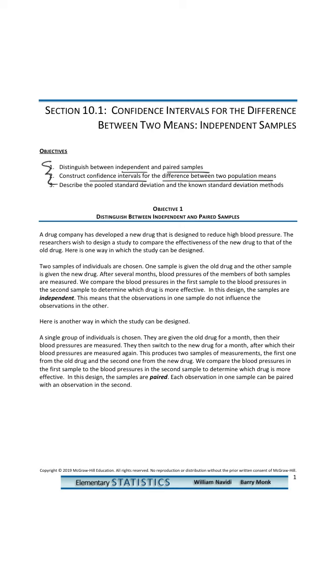A drug company has developed a new drug that is designed to reduce blood pressure. The researchers wish to design a study to compare the effectiveness of the new drug to that of the old drug. So one way the study can be designed is two samples of individuals are chosen, and one sample is given the old drug and another sample is given the new drug.